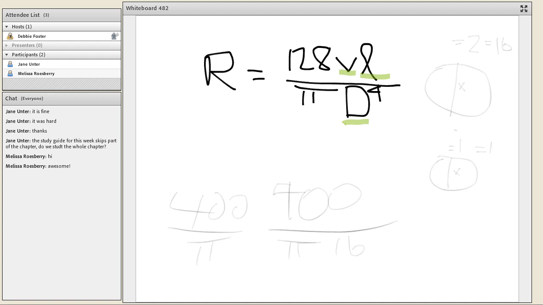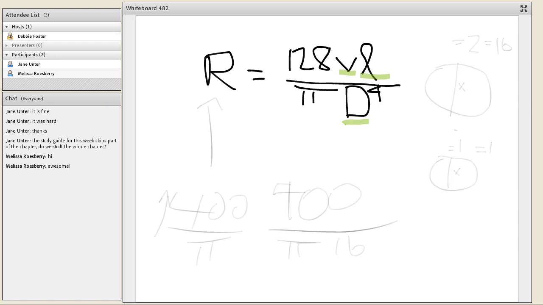You can see that this small change in diameter from 2 millimeters to 1 millimeter increases resistance dramatically, because you don't have that 16 in the denominator. The 400 divided by 16 is going to be 25, while this stays 400 divided by pi.